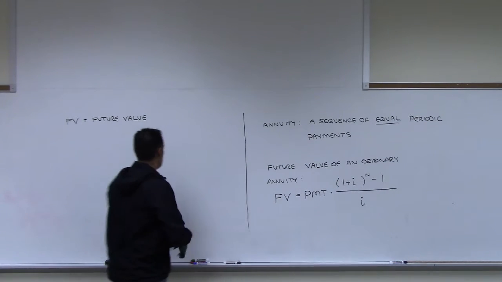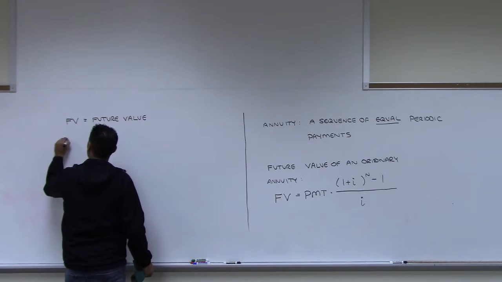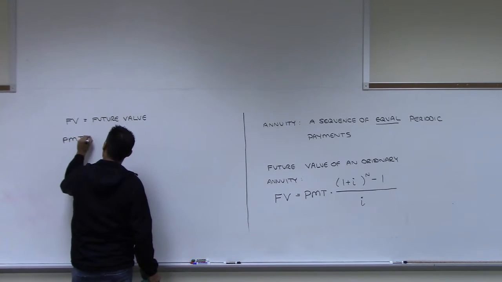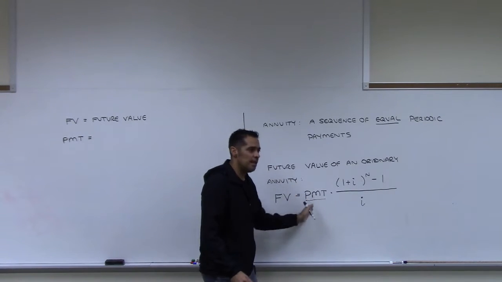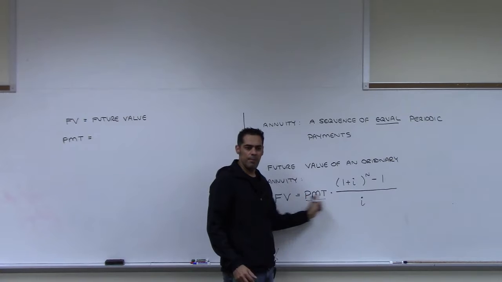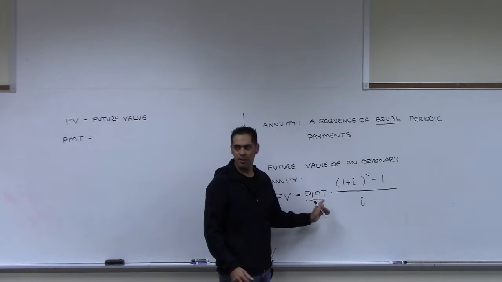All right? So future value is FV. What do you think PMT is? By the way, PMT is all one value. It's not P times M times T. This is just payment, okay? It stands for the word payment. Don't look at it as three different variables.